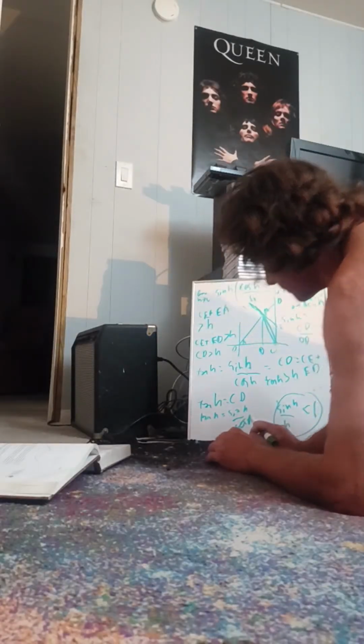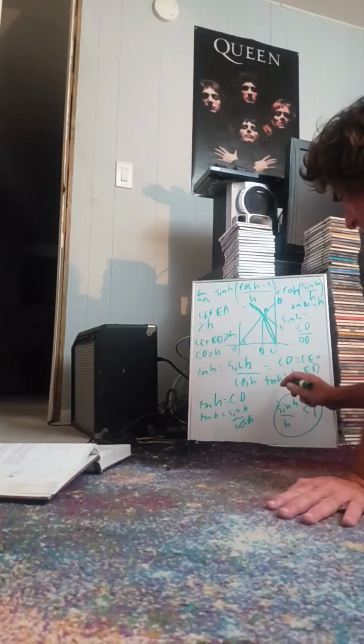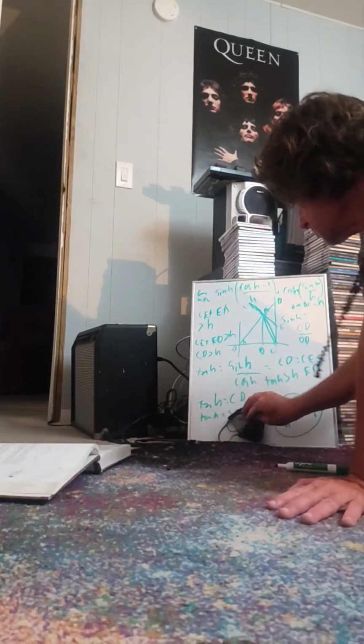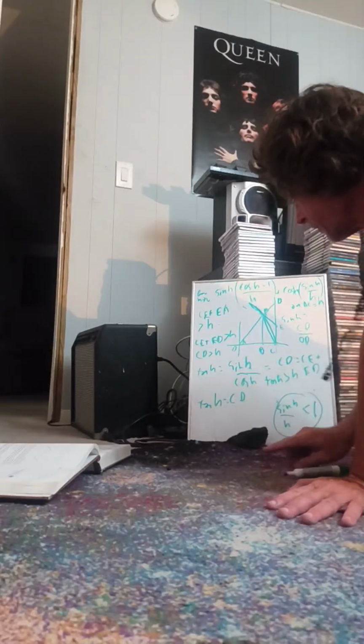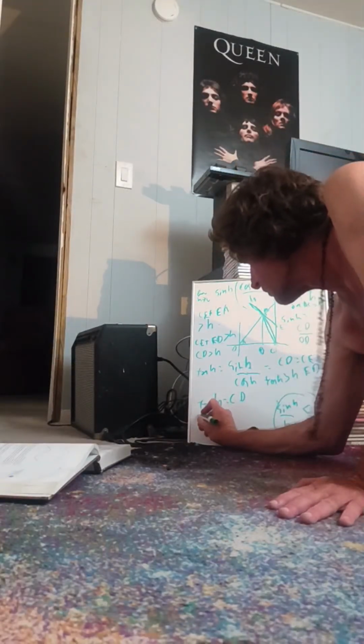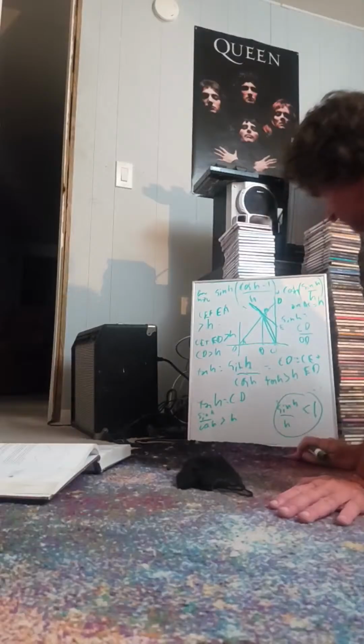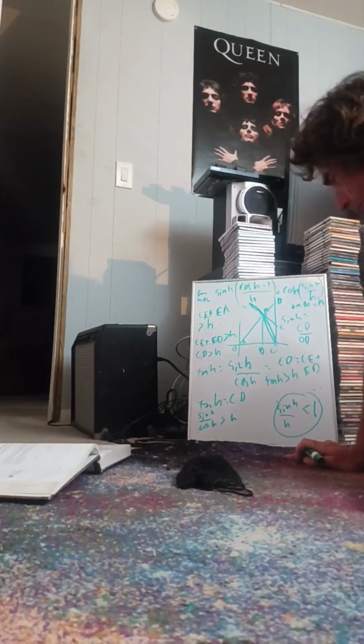It's a trig identity. But tangent h is greater than h, so sine h over cosine h is greater than h. All right?